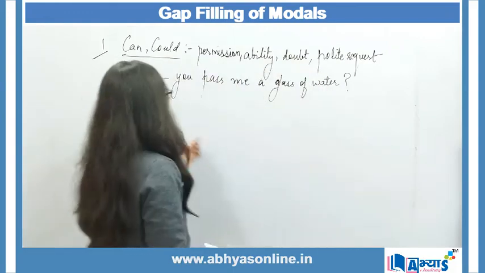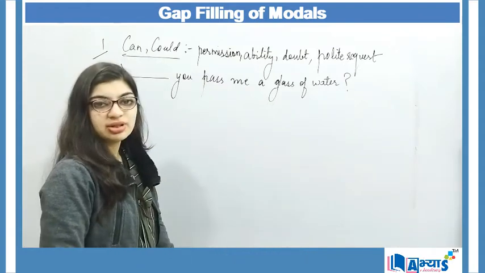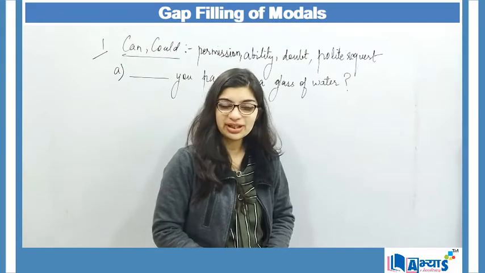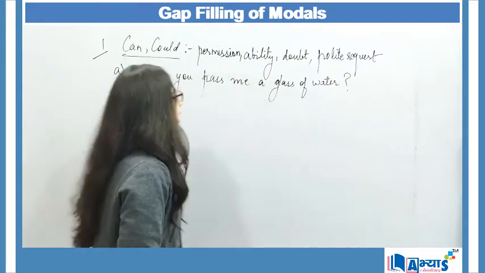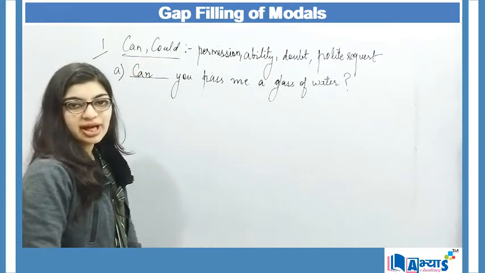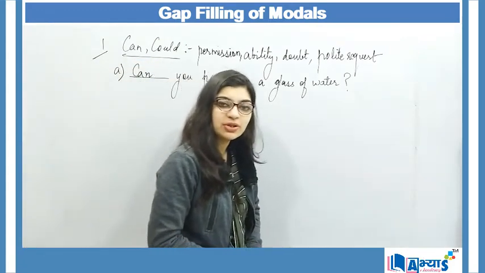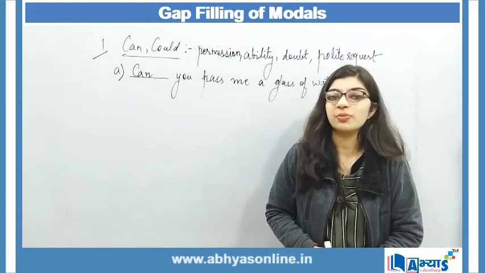But when we apply may over here, may you pass me a glass of water, that does not make a complete sentence, it does not make sense. So here I can say, can you pass me a glass of water, and that will be the correct formation of the sentence because the structure of the sentence seems to be right.